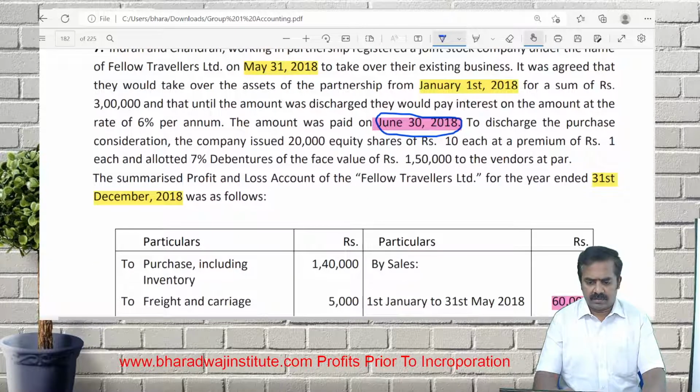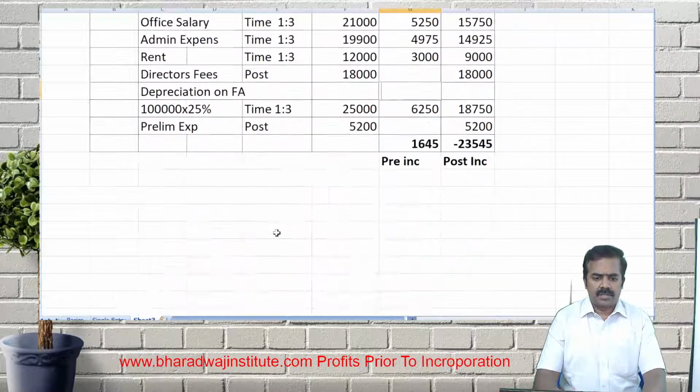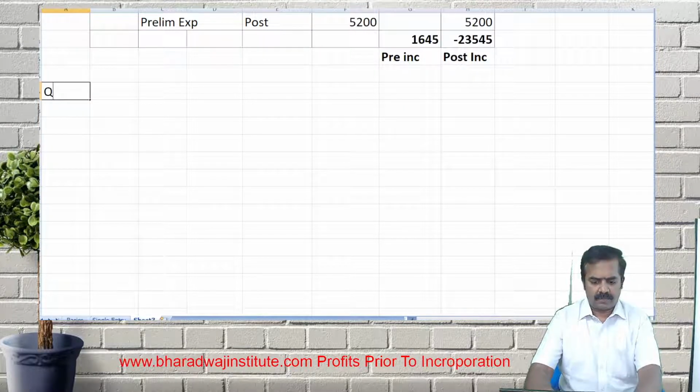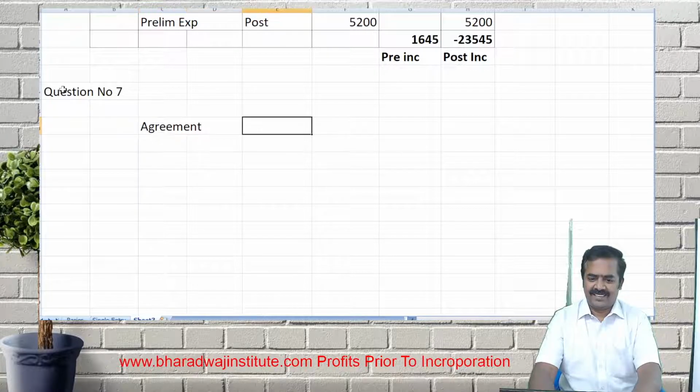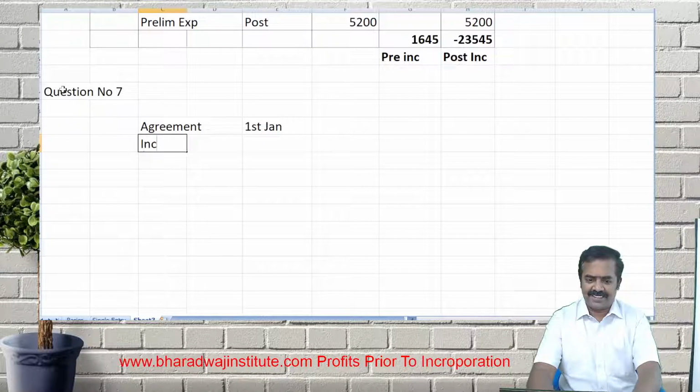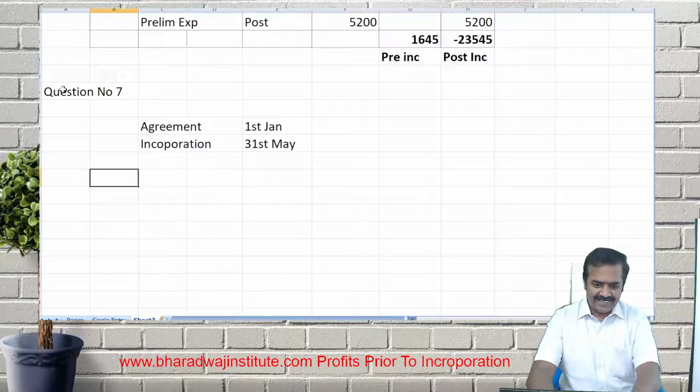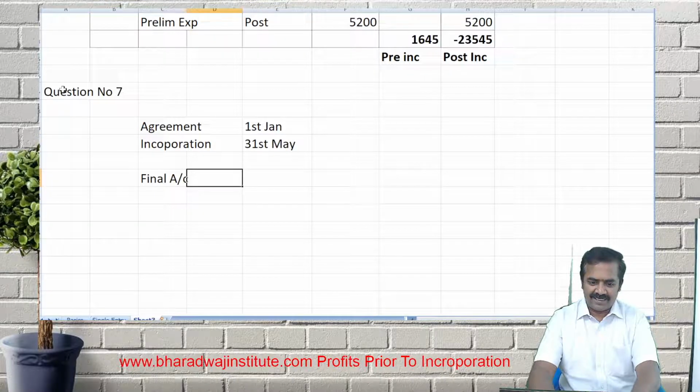Let us start. Question number 7. What is the date of agreement? 1st January. Incorporation, 31st May. Final accounts are prepared on 31st December.